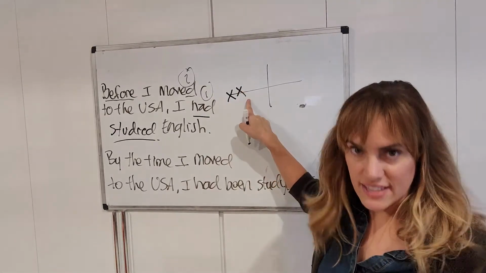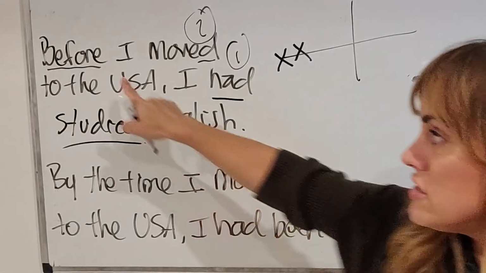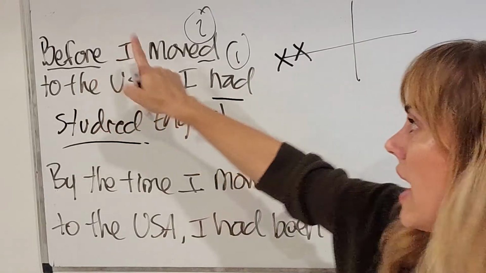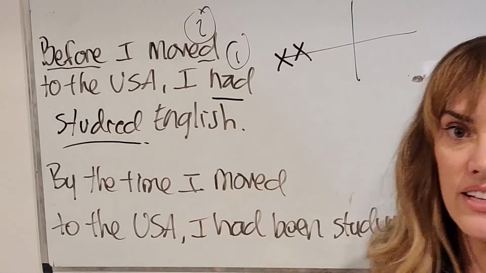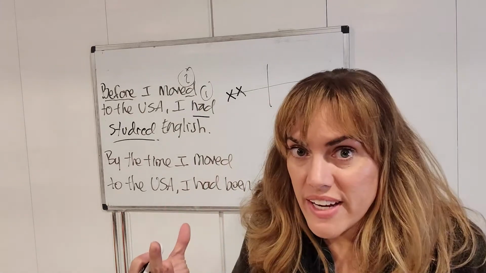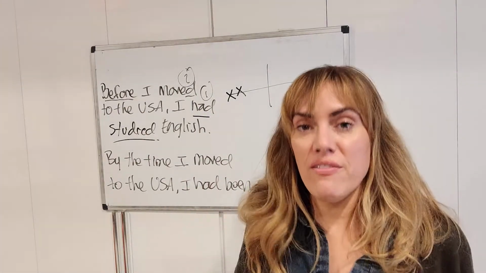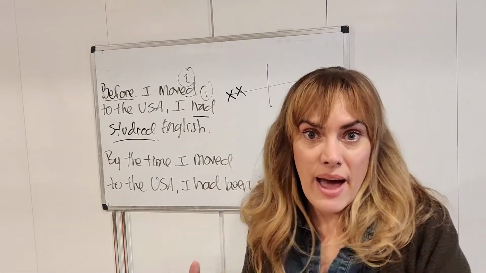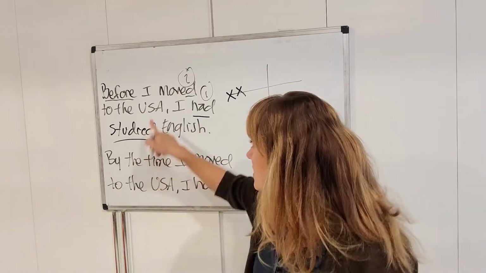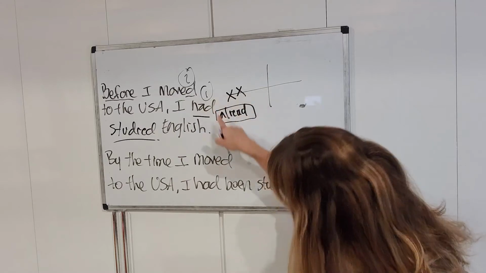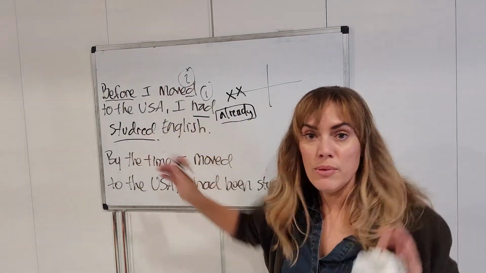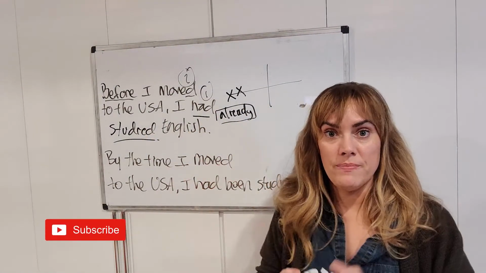First, second. You could also say, by the time I moved to the USA, I had studied English. You could add the word already. Already even more emphasizes that something happened before something else. So you can say already right here between the helping verb and the main verb.